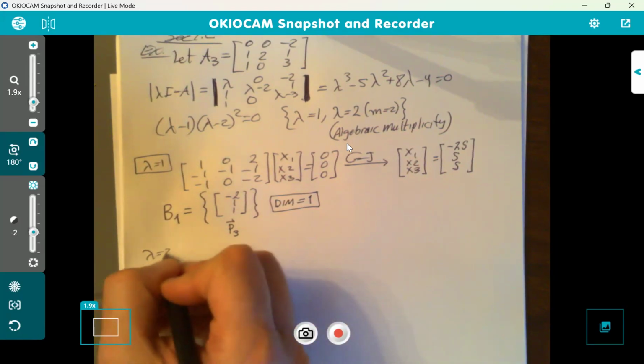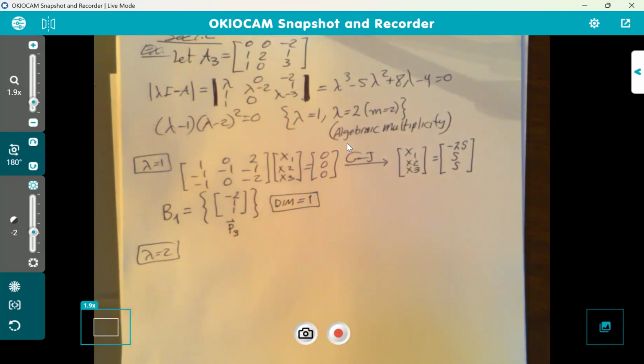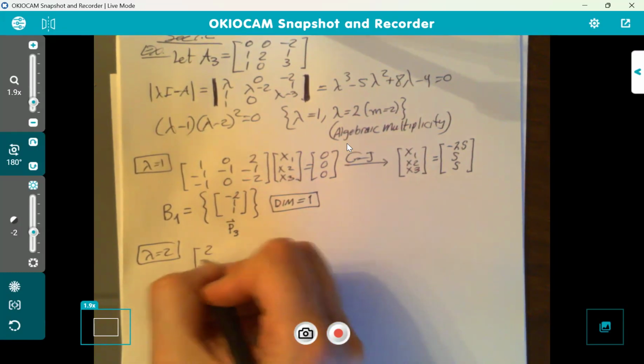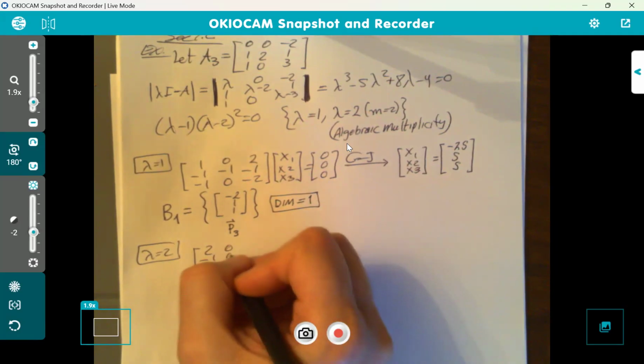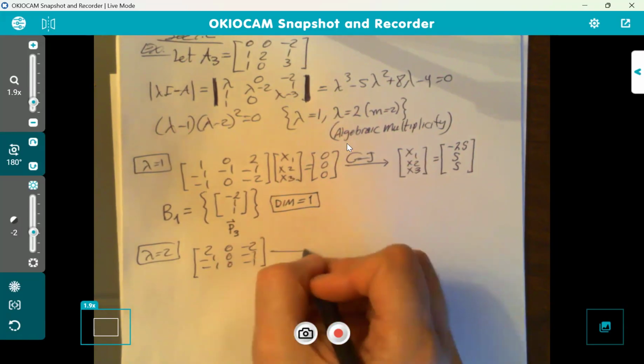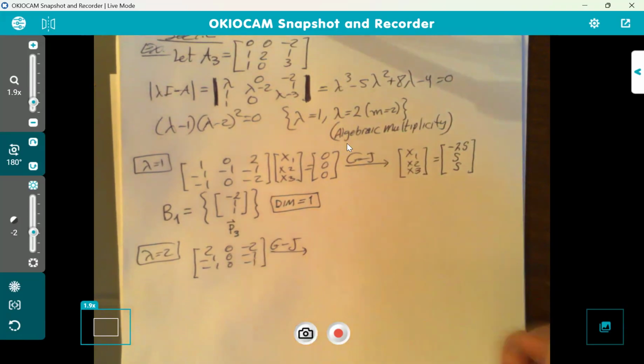Now, you look at λ = 2. Remember, this one has multiplicity of 2, right? So I'm going to get 2 eigenvectors corresponding to this one. And when you plug this in, you get 2, negative 1, negative 1, 0, 0, 0, negative 2, negative 1, negative 1. And do Gauss-Jordan on this one.